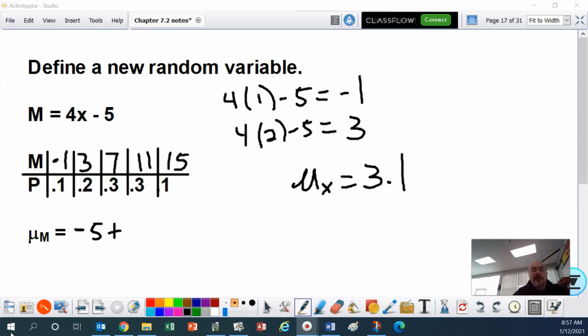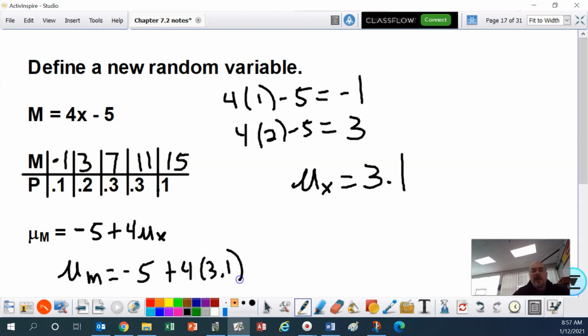My mind went blank there for a second. So the new expected value, everyone. Now I'm going to say expected value, mean, I'm going to use those interchangeably. So -5 plus 4 times 3.1, and I'm going to get 7.4. And that's the new mean. All right, moving on.